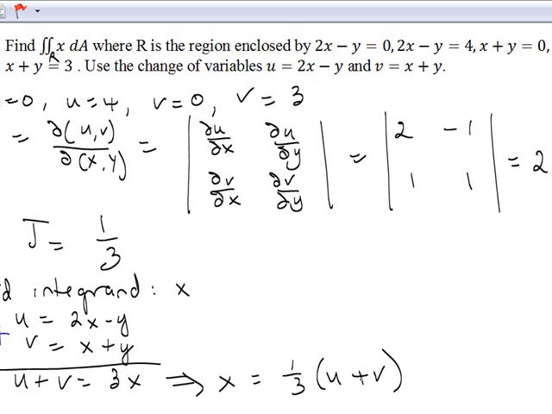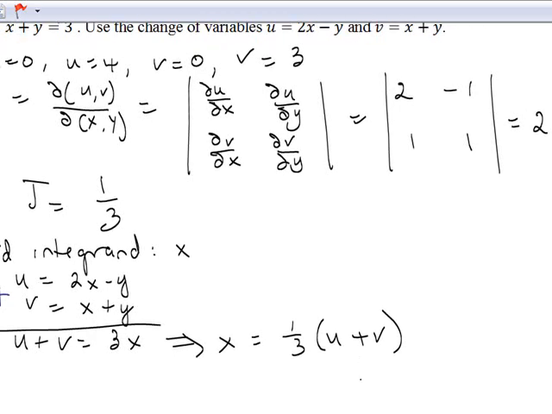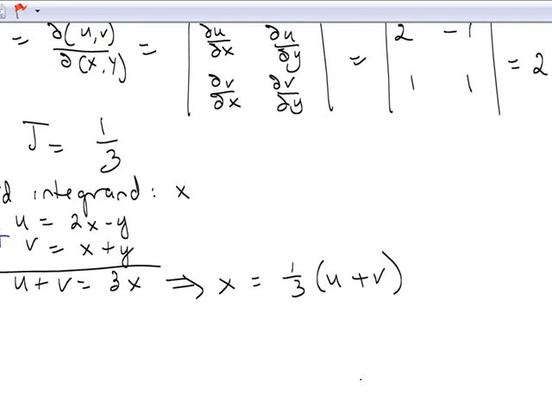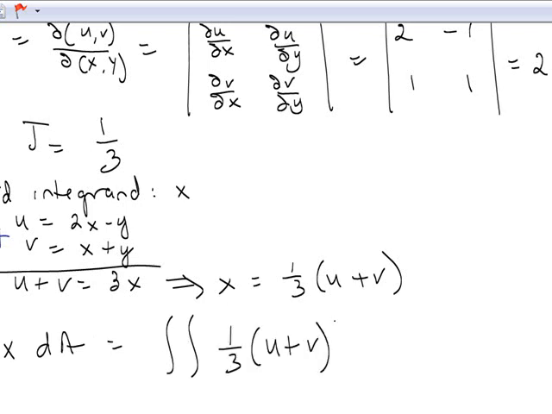Are we ready? Let's set up the integral now. Double integral over R of x dA becomes a double integral. What do we have? 1/3 (u plus v). Continue. Times what?